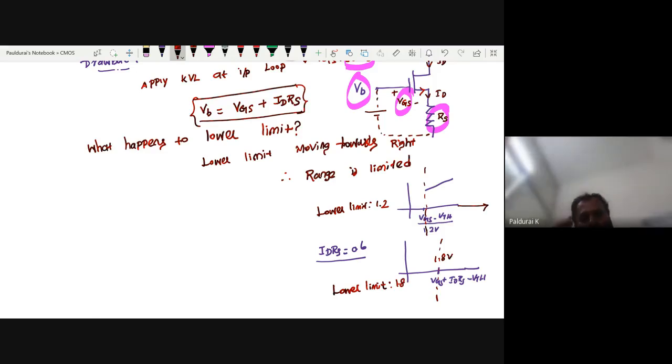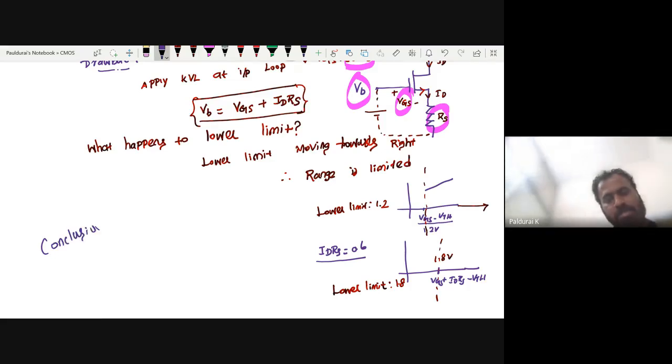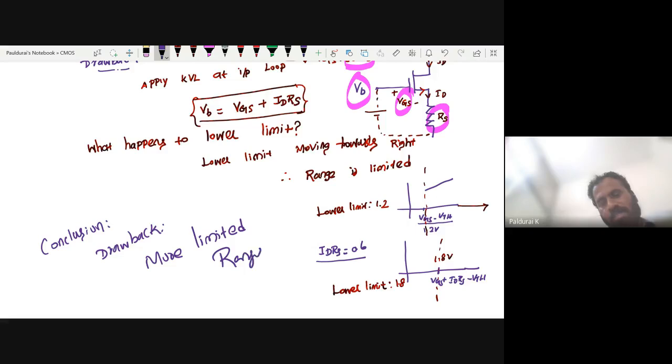So what is the drawback? More limited range. So conclusion, drawback: more limited range.